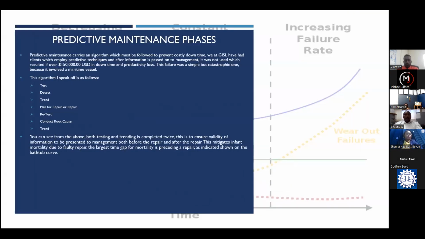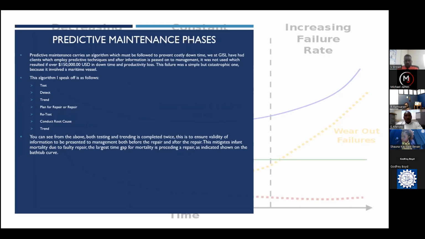So predictive maintenance, guys, it has phases. Predictive maintenance carries an algorithm which must be followed to prevent costly downtime. We at GISL have had clients which employed predictive techniques, and after the information was passed on to management, it wasn't used. It resulted in over $150,000 in downtime and productivity loss.